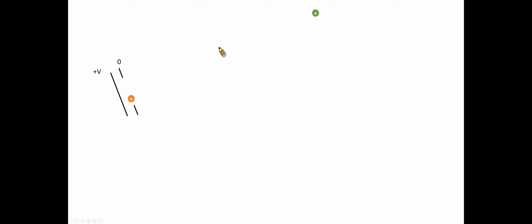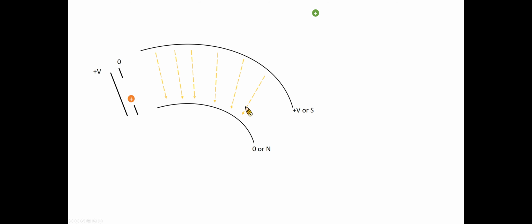But if we put the curved plate and apply the voltage at the top plate, that means there is going to be a force applied pushing down. So as the ions move through the field, they are going to feel the force. The trajectory won't be straight anymore and it will curve down.